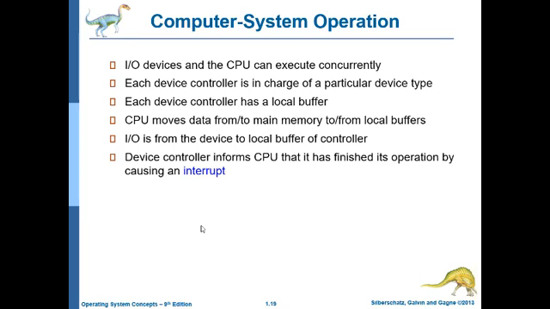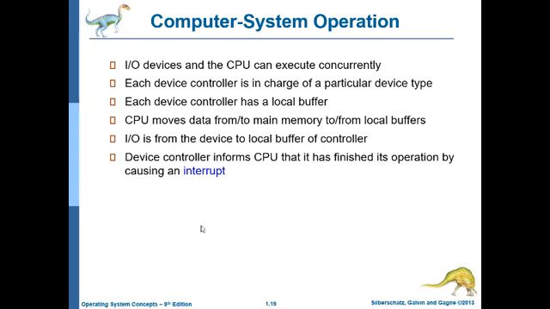So that's why we need buffer for transferring of data. When you want to move data between the CPU and the device, you cannot move it directly, you have to use buffer. Similarly, from main memory to the device, or from device to main memory, you will use buffer.